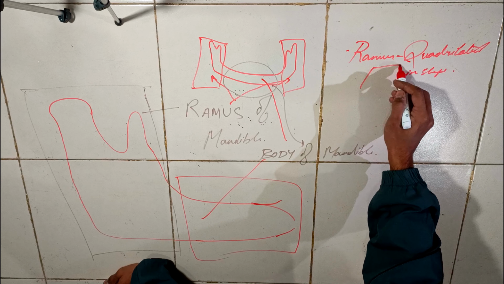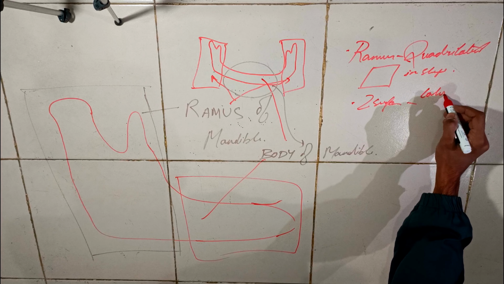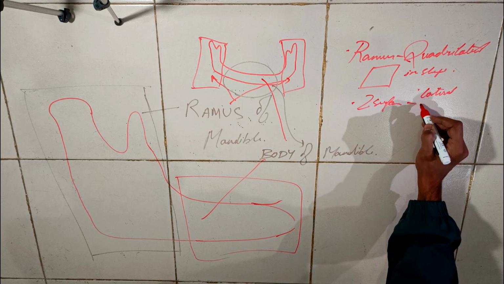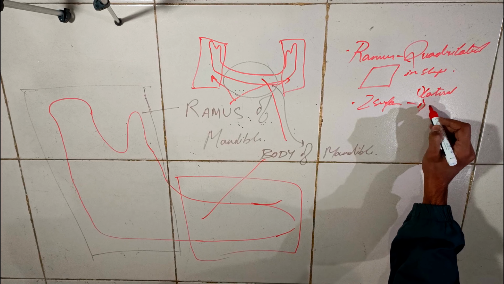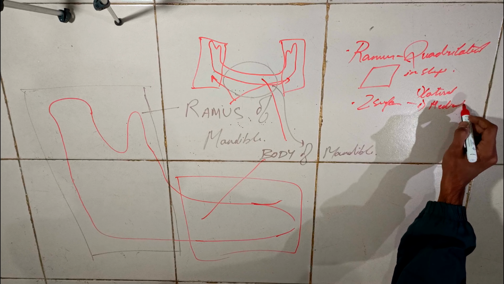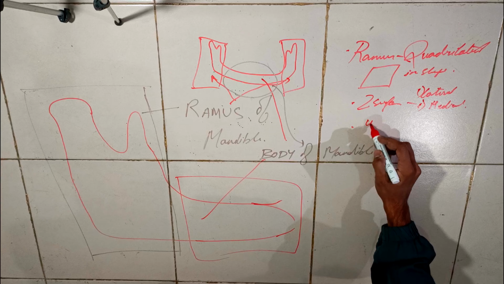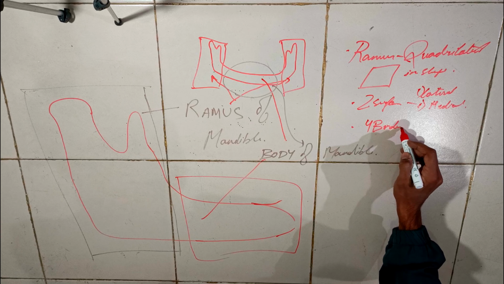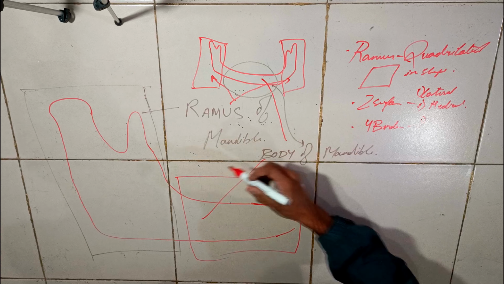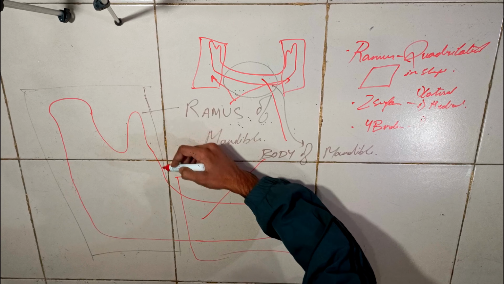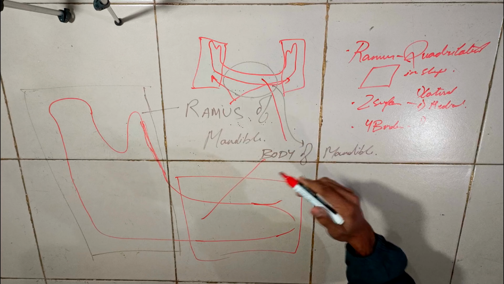It has two surfaces, the lateral surface and the medial surface. It has four borders. The anterior border, which is this one, this is the anterior border. Since it is present anteriorly, anterior means always front.